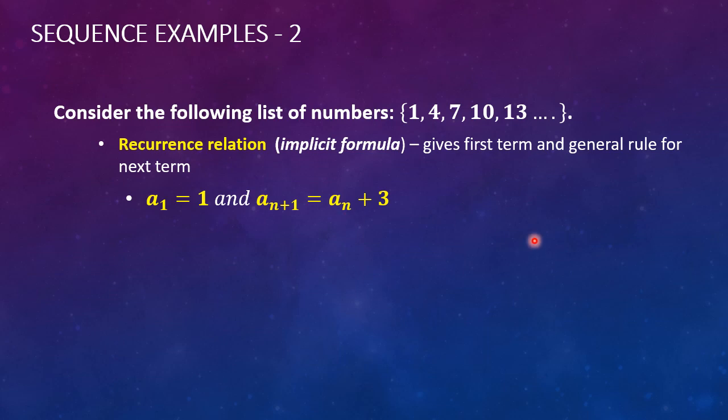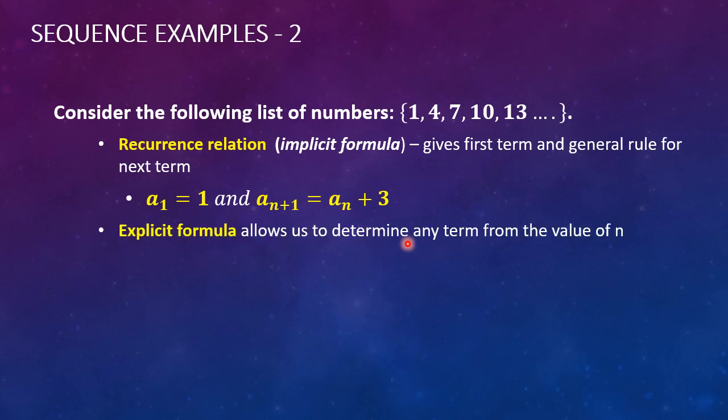So in this case, if we wanted to find the sixth term, we'd have to keep building each of the terms until we came up with the fifth term, from which we could then calculate the sixth term. An explicit formula allows us to determine any term from the value of n.